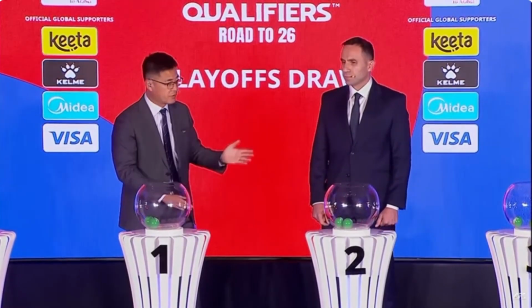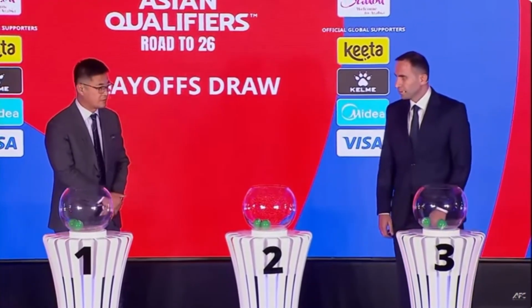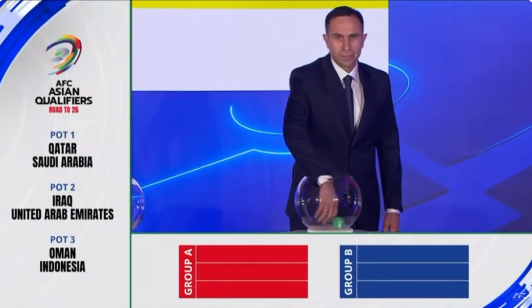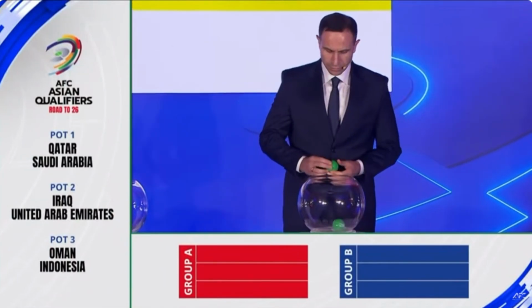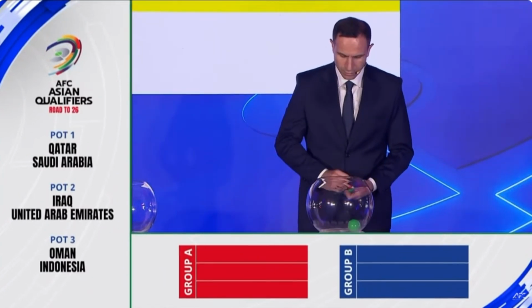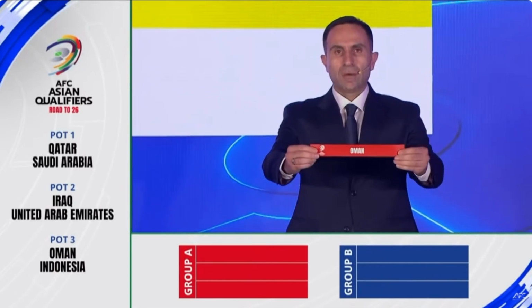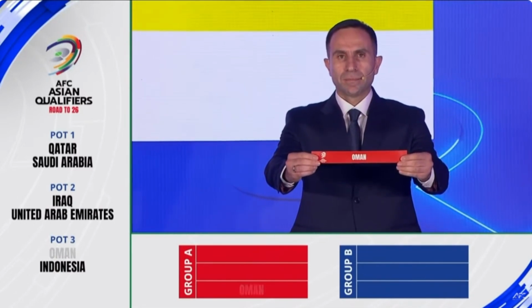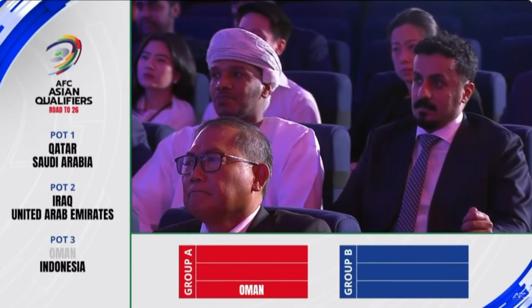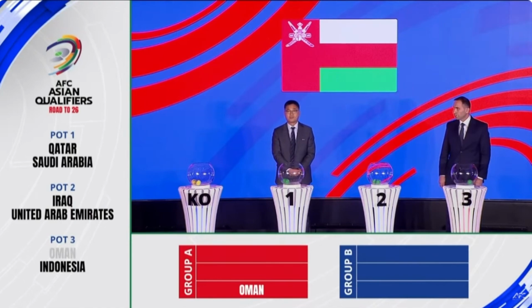So Timur, if you can take the place behind Pot 3 for us to get started. Please pick up the first ball. Oman for the position of A3 today, FIFA ranking 79, and Oman was first place in Group B in the last qualification round.